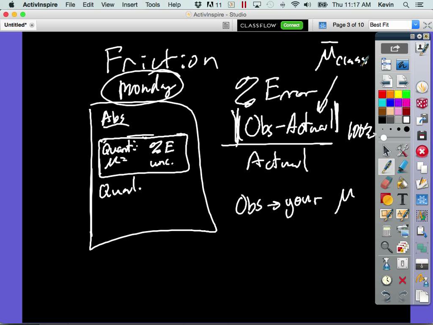So you're looking at millimeters of uncertainty. But if you look at all of your values for mu, were they all identical? I don't think anybody got 5 identical values, did you? Yeah, like no one. Even though you're doing the same thing, lifting it back up to the same point, you didn't get identical values. So there must be some other source.